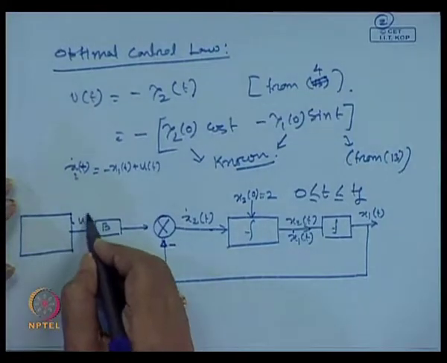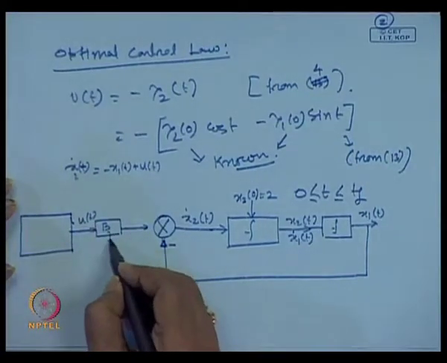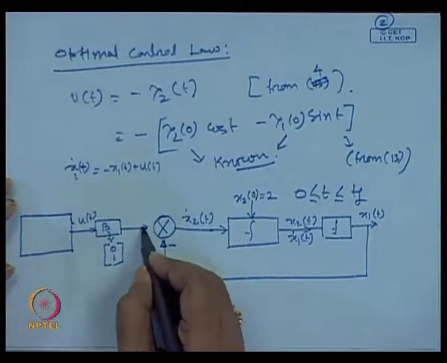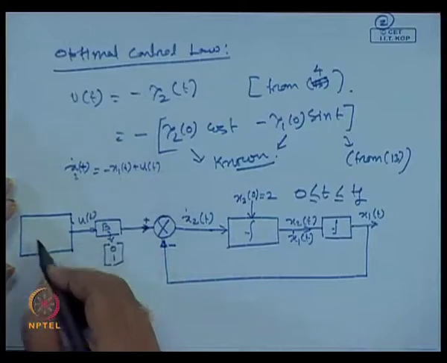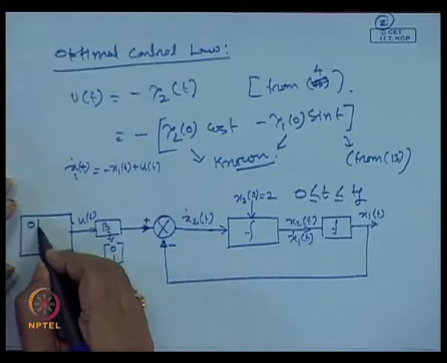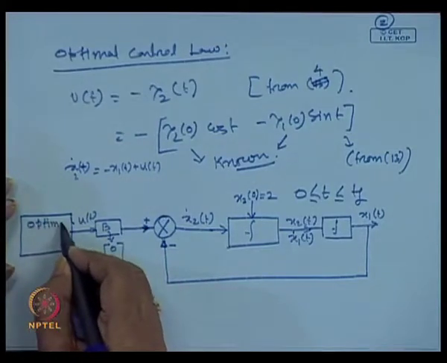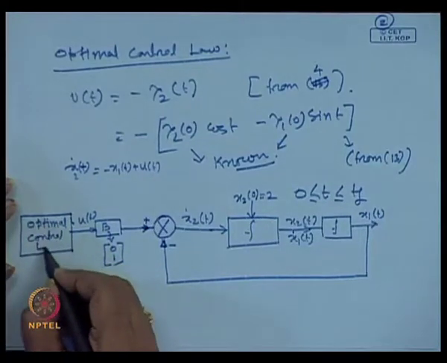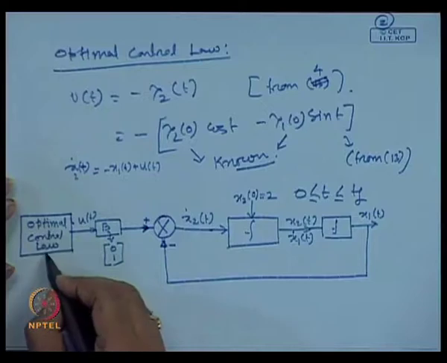This is u of t, and b in our case is 0 1. And what is this? This is our optimal control law. And what is this expression?